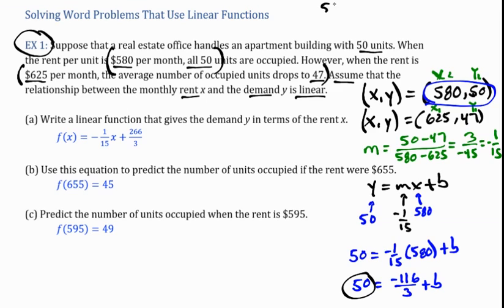So 50 over 1, if we multiply top and bottom by 3, gives us 150 over 3, and that's what we want to replace our 50 with down in this equation, because with fractions we need matching denominators to combine those terms together.